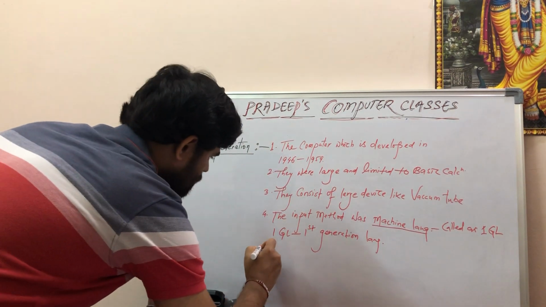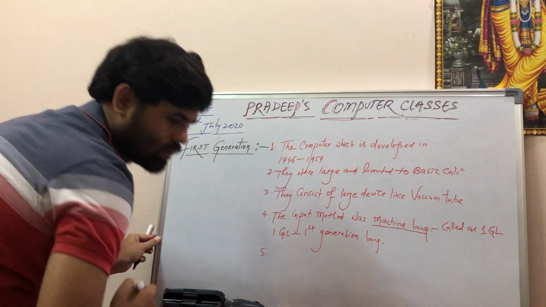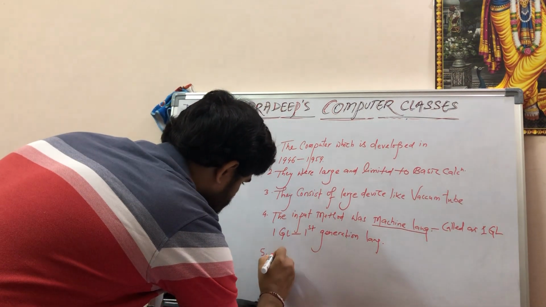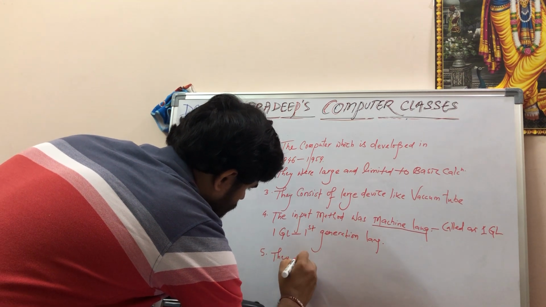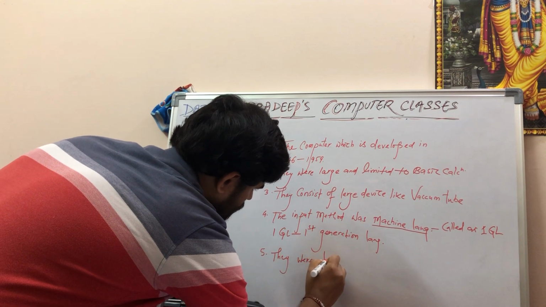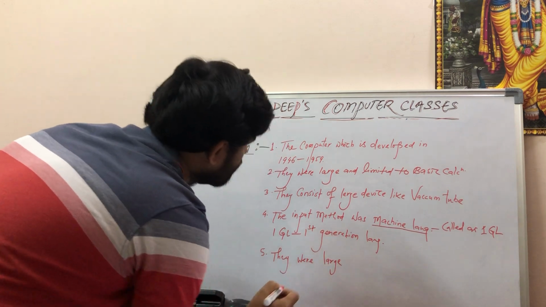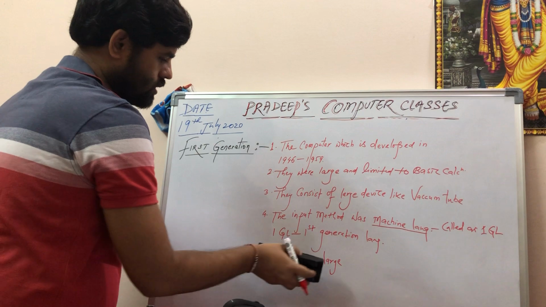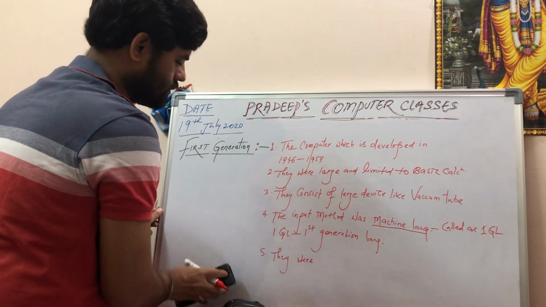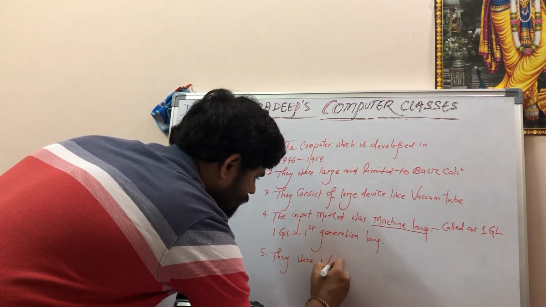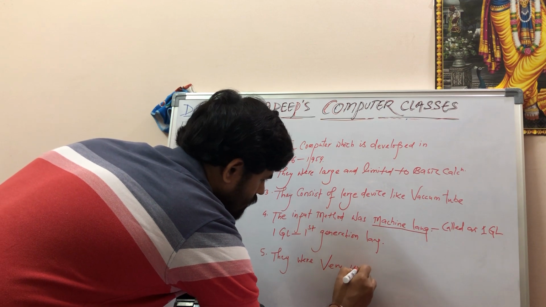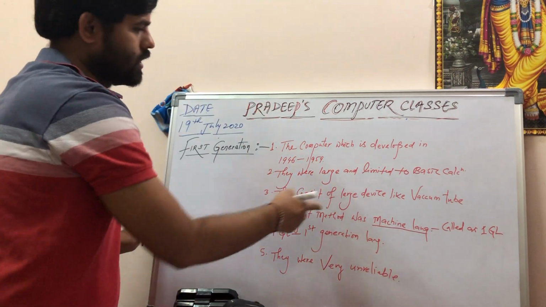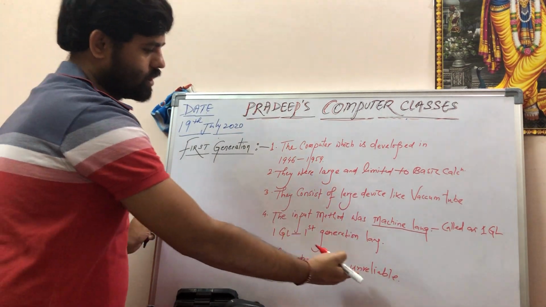Fifth: they were very unreliable. We have already mentioned that they were large, so we can remove that. I will tell you the meaning of input method and what unreliable means.